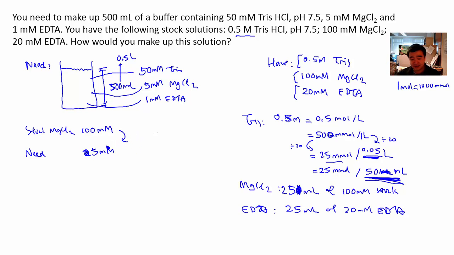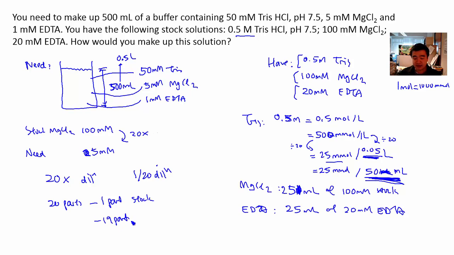What you notice in here is that between 5 and 100, there's 20 times in it, which means we need to do a 20 times dilution, also known as a 1 in 20 dilution. This means that 20 parts all up, 1 part is going to be your stock, and 19 parts is going to be everything else inside that solution.